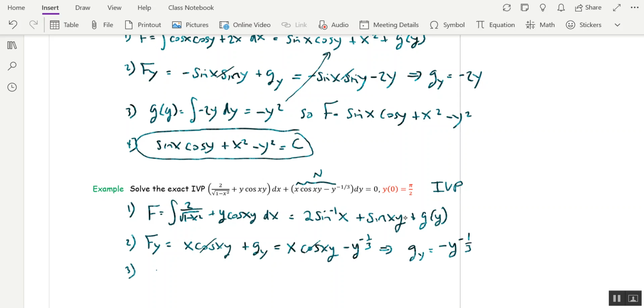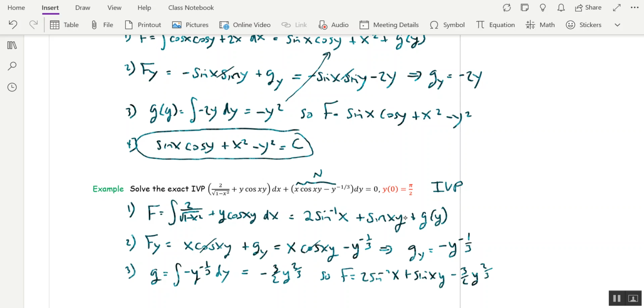So step 3, g is the integral of negative y to the negative 1/3 dy, which is, add 1, you get 2/3, flip that, 3/2, negative 3/2 y to the 2/3. So big F is 2 sine inverse x plus sine xy minus 3/2 y to the 2/3.